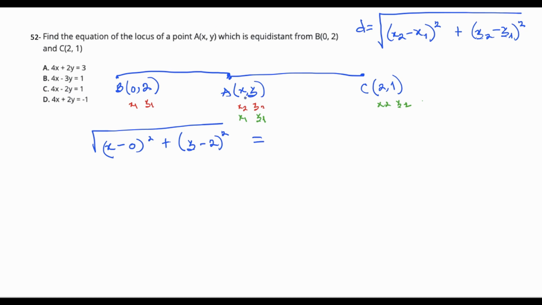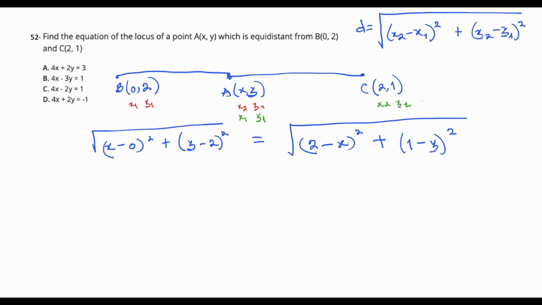So now the distance between point A and C is the square root of x2, in this case 2, minus x1, which is x, squared, plus y2, which is 1, minus our y1, which is y, squared. So now we can go ahead and evaluate this and solve for x and y.